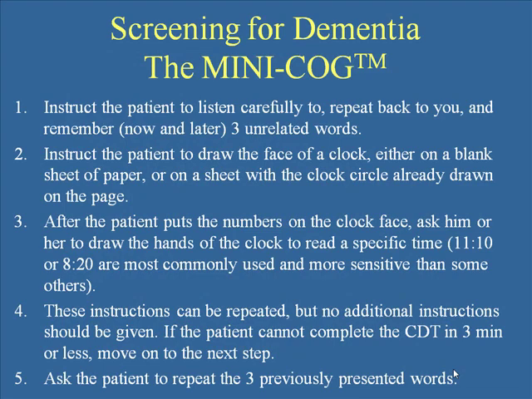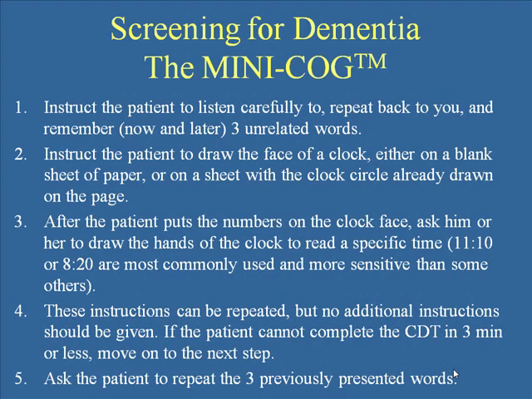So that completes just talking about one of the very short administration time tools you can use for screening for dementia. And now I'd like to spend some time talking about another short administration time tool, the mini-cog. Now the mini-cog is a pretty nice strategy because it's a relatively short and brief test.